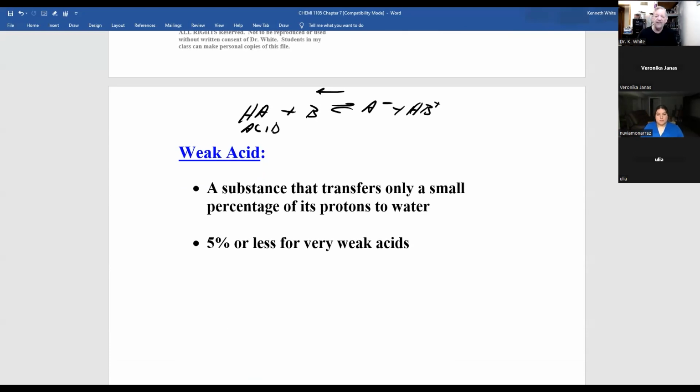This is something important you can use the rest of your life, and we call that a weak acid. An example of that is acetic acid, which is found in vinegar.